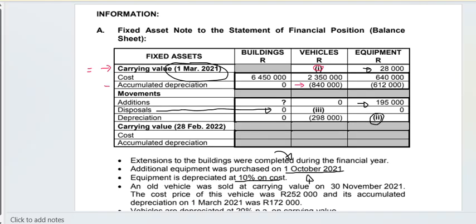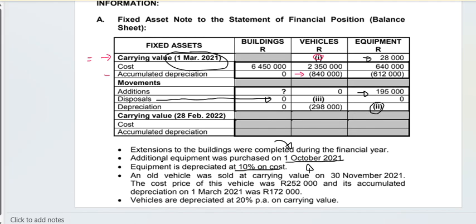So now let us check what it is that we are given. We are being told here that an old vehicle was sold at a carrying value on 30 October 2021. The date is very important.